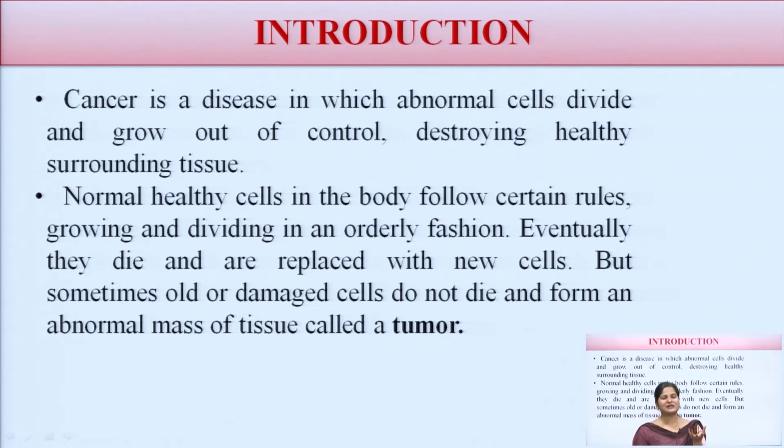Tumor is basically a non-cancerous type of cell when it is benign, right. These are benign tumors, and there is another type, the malignant tumor. Malignant tumors are the cancerous cells. What is malignant?